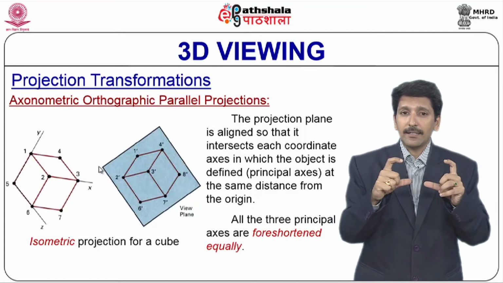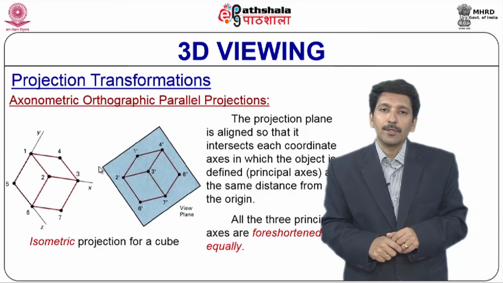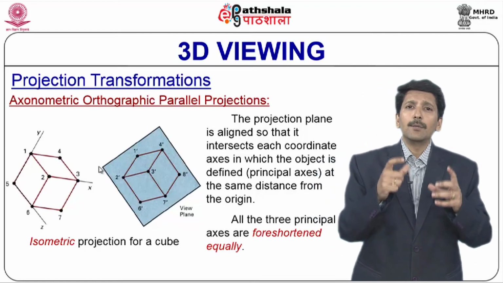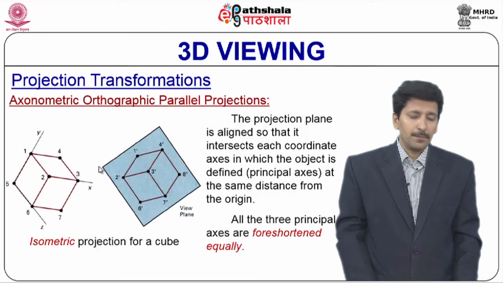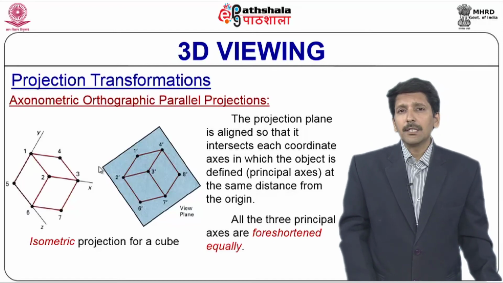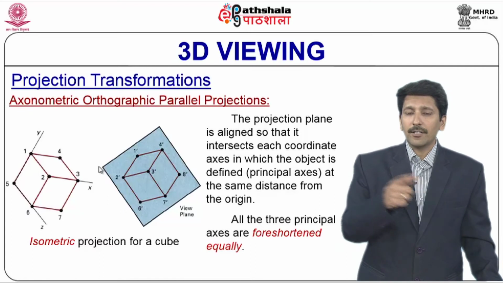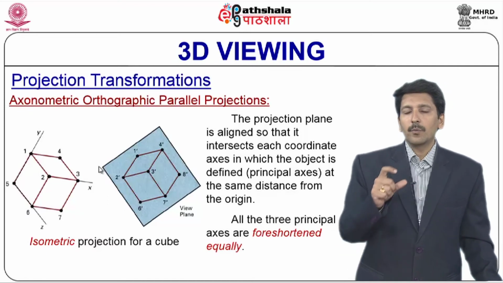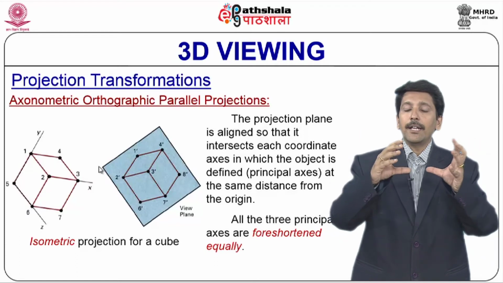Such a kind of projection is called axonometric orthographic parallel projection, where you get to see more than one face of the object. All three principal axes, the x direction, y direction, and z direction, are foreshortened equally. That is an important word. Foreshortened means they are equally projected.